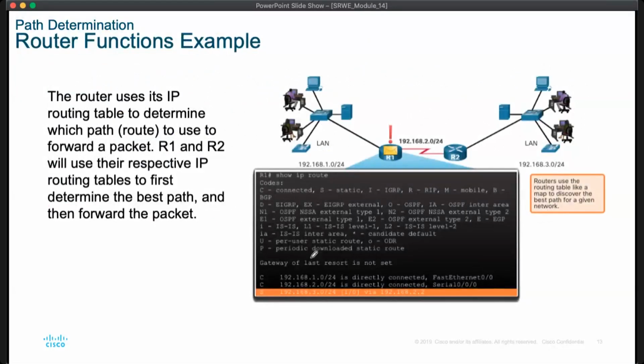Router function example: the router uses its IP routing table to determine which path or route to use to forward a packet. R1 and R2 will use their respective IP routing tables to first determine the best path and then forward the packet.